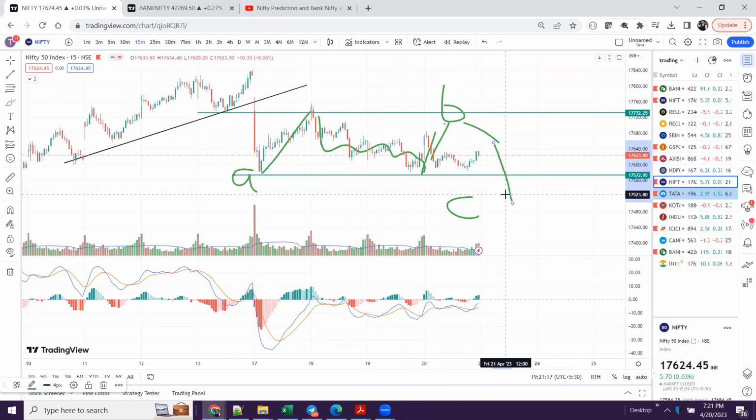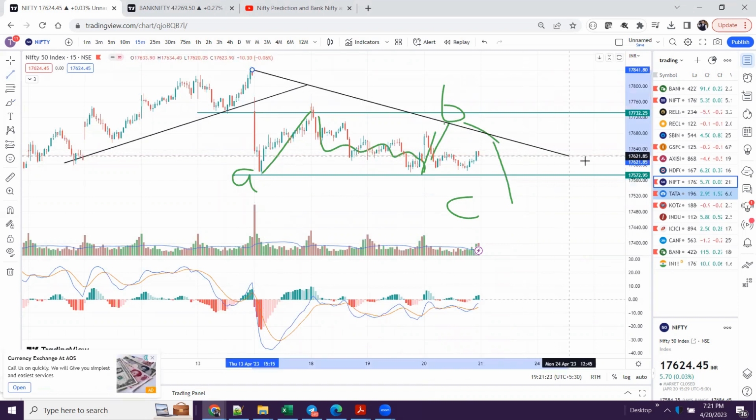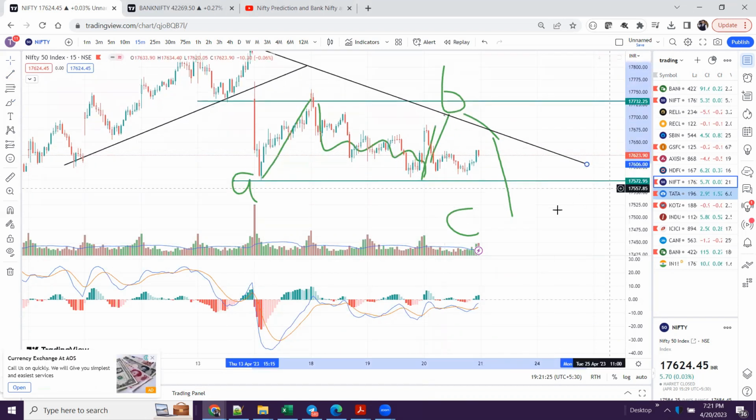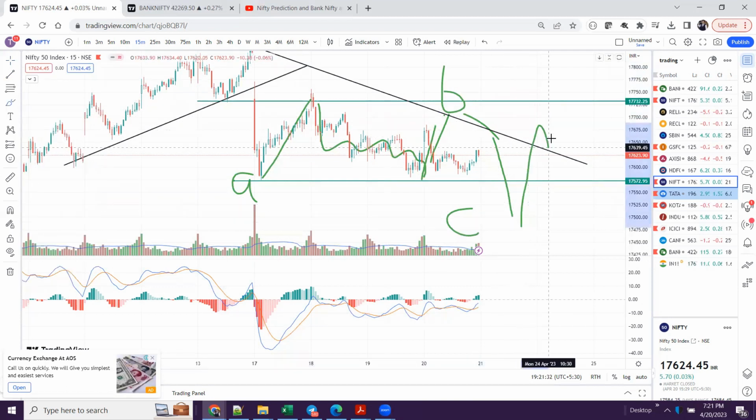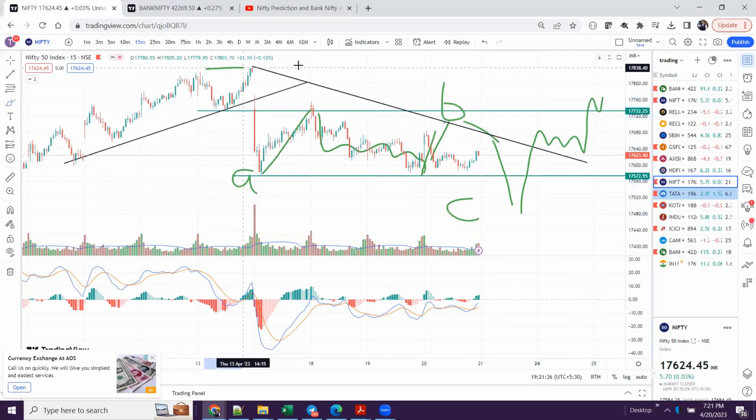Once we get this fall, after this upside, then if we connect this trend line here, then we need to observe whether this correction is over or not. And probably after this, we can get the next up move that will break this top again.